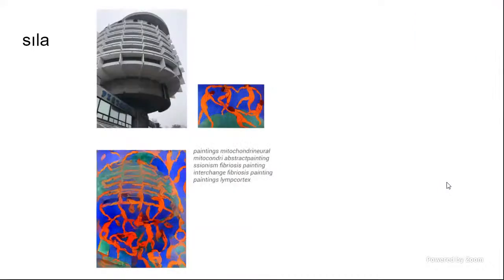And this one is quite interesting because it uses some words related with neuroscience and cellular science, like mitochondria and something like this. And it interestingly says Zionism in here.